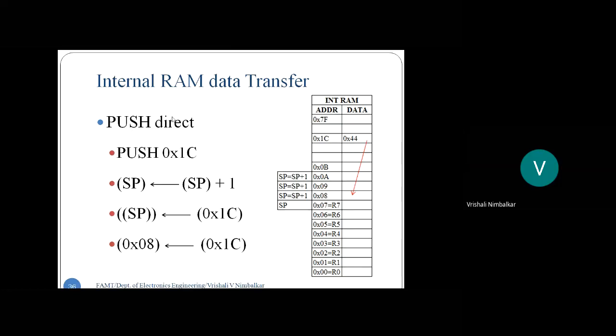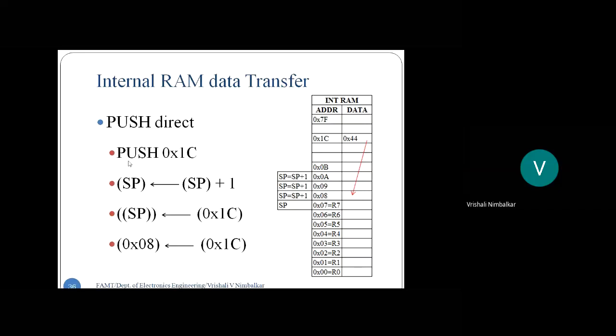It is telling you to give an address of a memory location or an address of an SFR, but you cannot use the accumulator address. So for push direct, I need to give an address, and which address? An 8-bit internal RAM address. So push direct is the general format.